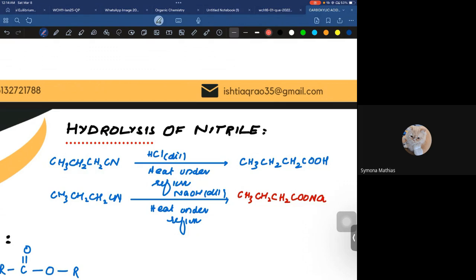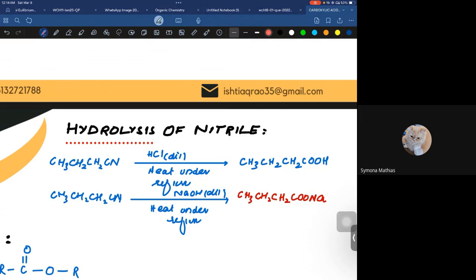There are two types of hydrolysis of this nitrile: acidic hydrolysis or alkaline hydrolysis. Just like an ester, if you remember from IGCSE that we used to discuss first the preparation of ester, then the hydrolysis of ester.